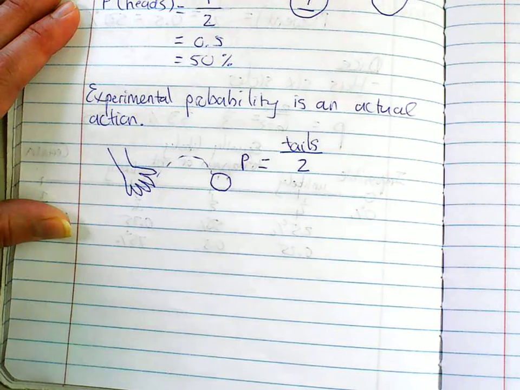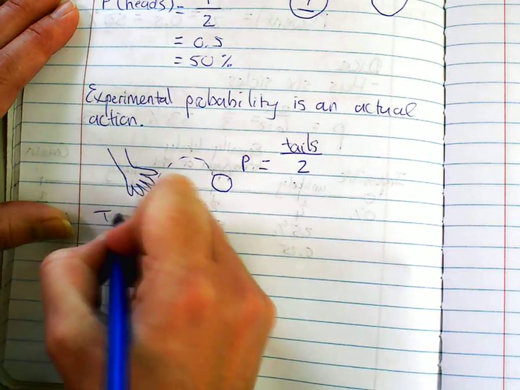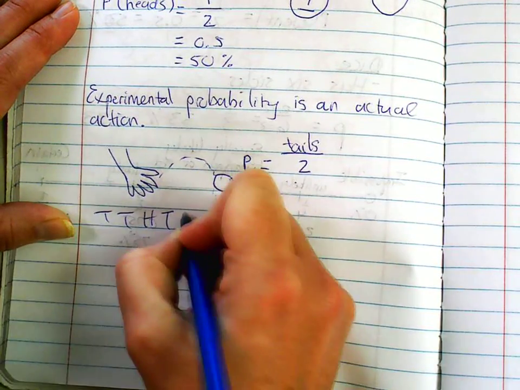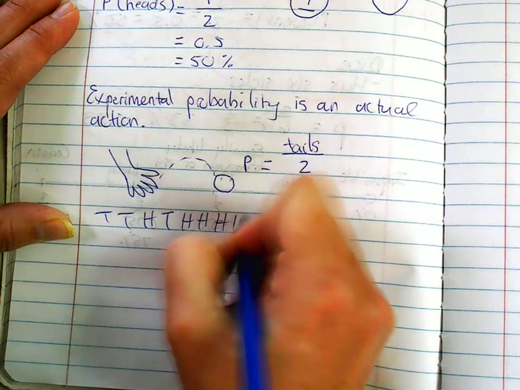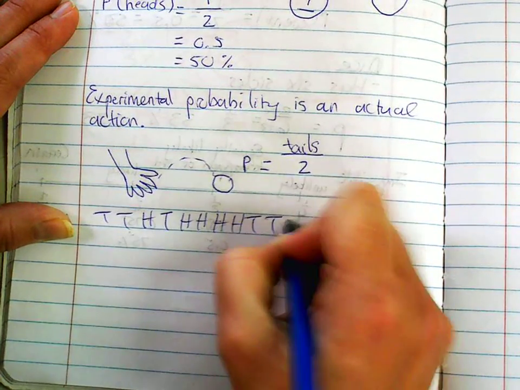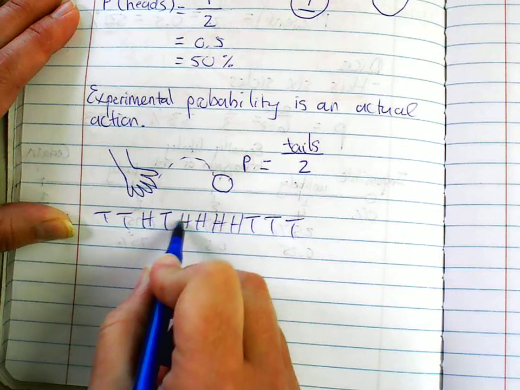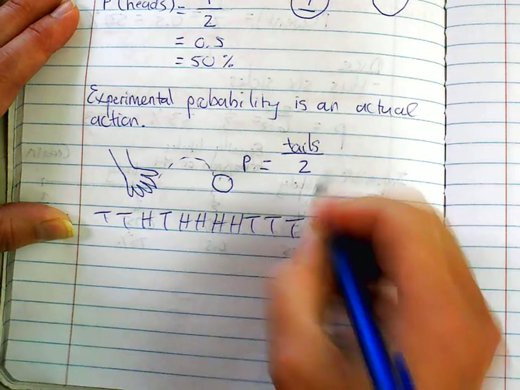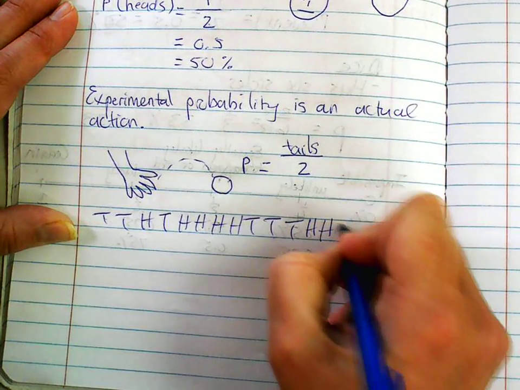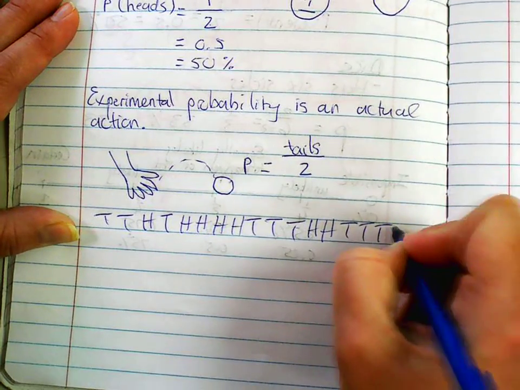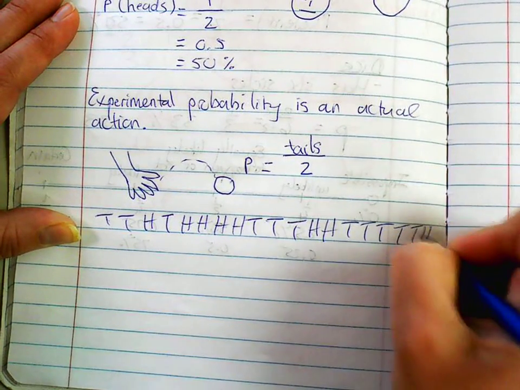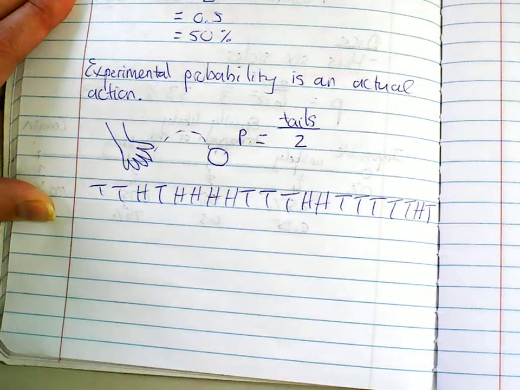If I do throw it 20 times to see how many total times I threw tails or heads, I can make tallies. I can go tails, heads, tails, heads, tails. 1, 2, 3, 4, 5, 6, 7, 8, 9, 10, 11, 12, 13, 14, 15, 16, 17, 18, 19, 20. Okay?